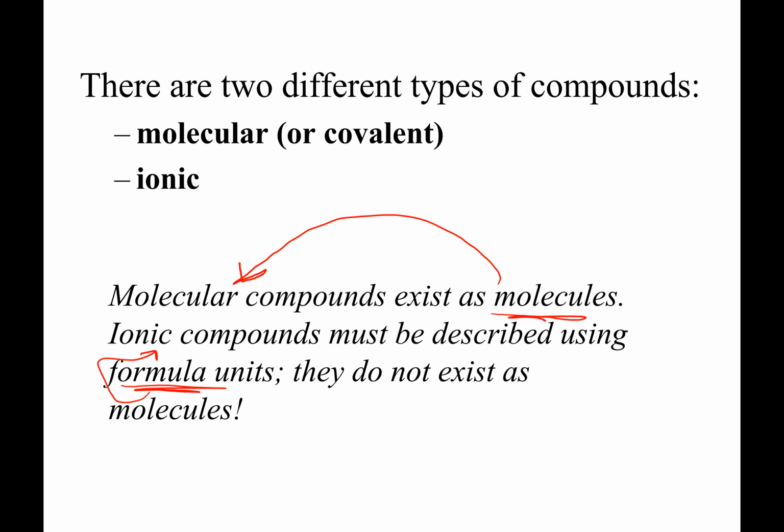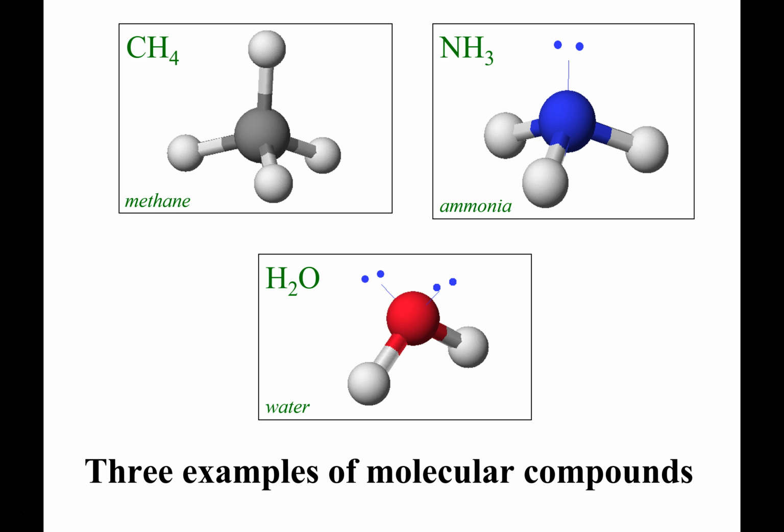It's common that you'll run into somebody who says, for instance, table salt, NaCl, is an ionic compound. They might say, I have a molecule of NaCl. And they're like, no, you have a formula unit of NaCl. So these are all molecular compounds. The thing about a molecular compound is it's nice and very family oriented.